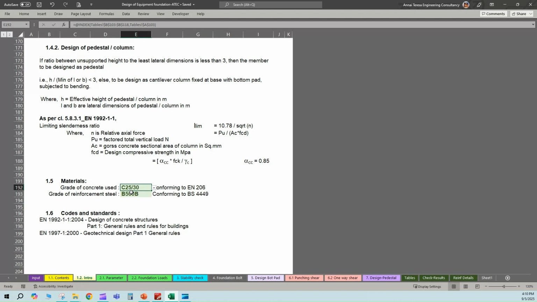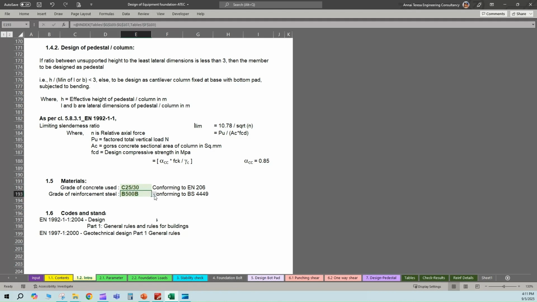Here 25 is the characteristic strength of concrete under a cylindrical compression test, which is 25 megapascal, and 30 is the concrete strength under a cube test. Considering the cylinder and the cube sample, this stress value is found from the test, so this grade is called C25/30.